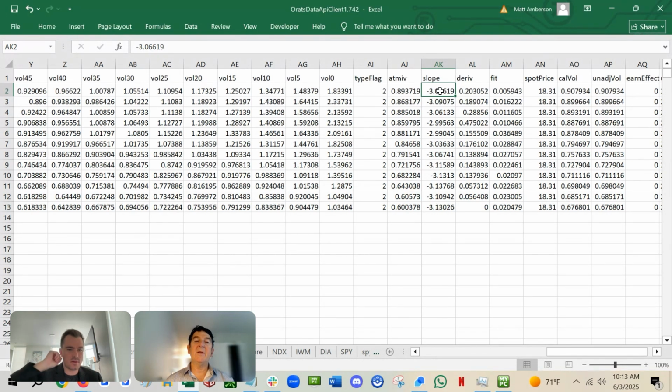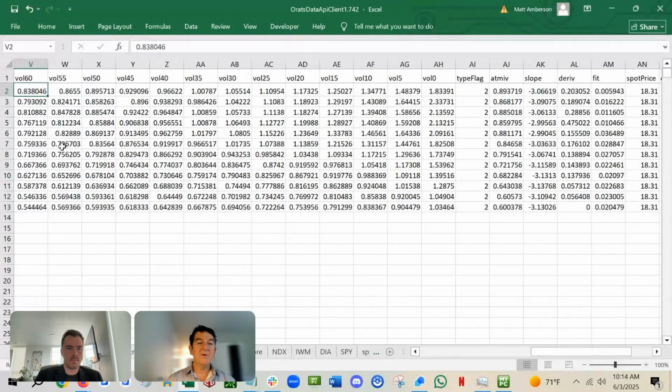It basically answers the question, for every 10 deltas, what percentage difference is the lower strike than the upper strike? So in this percent, it would be 3% less. And you can kind of see that potentially here.